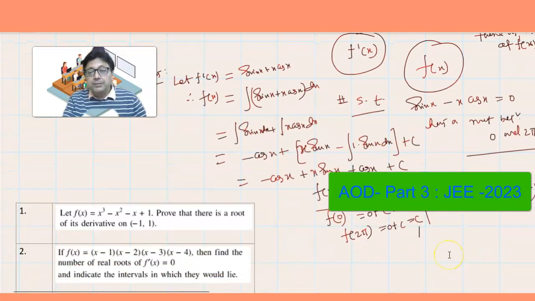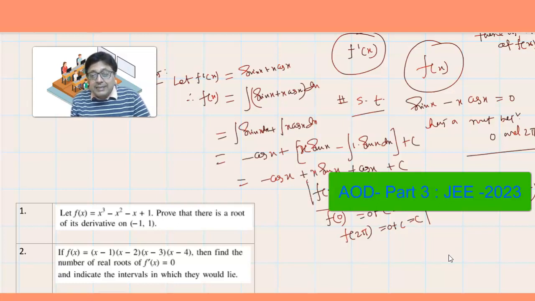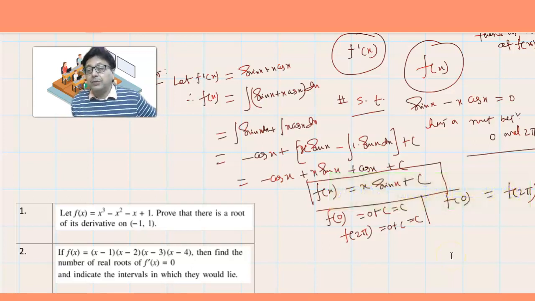All three conditions of Rolle's theorem are satisfied, because the function we got is x sin x plus c. x is continuous and differentiable everywhere, sin x also continuous and differentiable everywhere, so their product plus another constant must be continuous and differentiable. So the first two conditions of Rolle's theorem are satisfied on f(x). This condition is also satisfied because f(0) is c, f(2 pi) is also c. That is f(0) equal to f(2 pi).